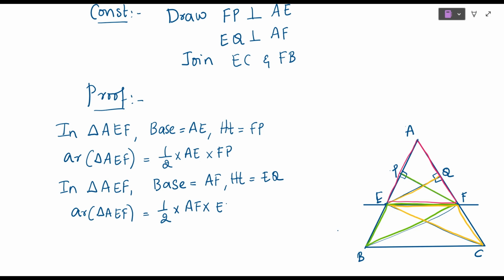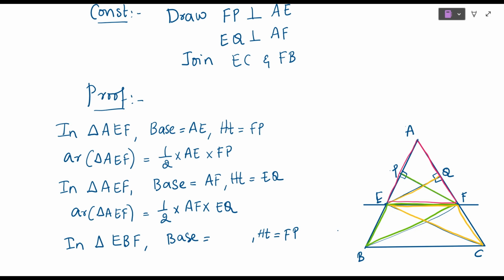Did you understand, students? Now I am going to take the green color triangle. What is the name of this triangle, students? Observe and tell me. In triangle EBF, what is the base here? The height is FP and the base is EB.